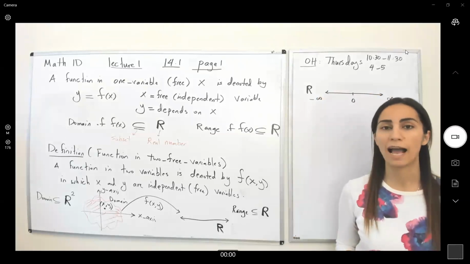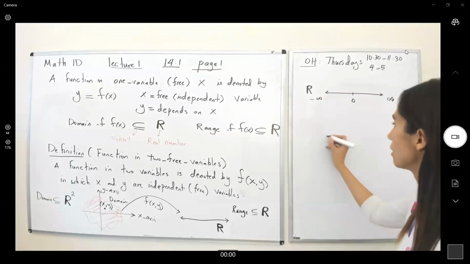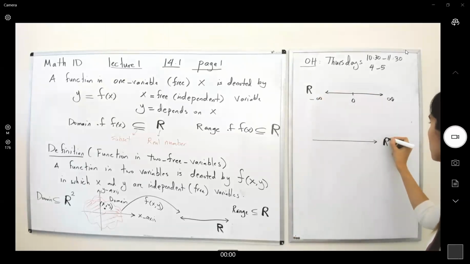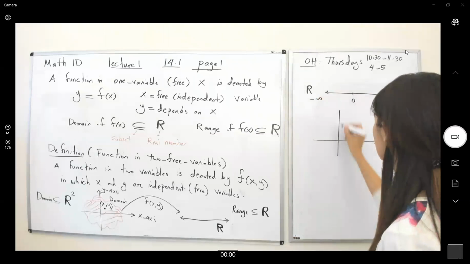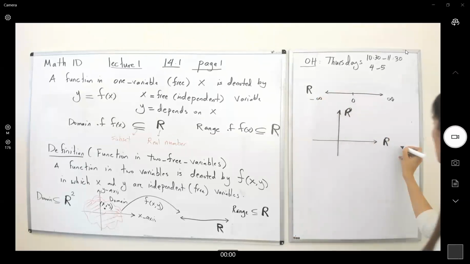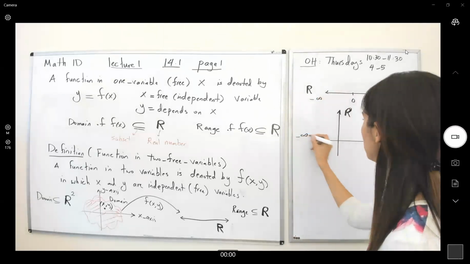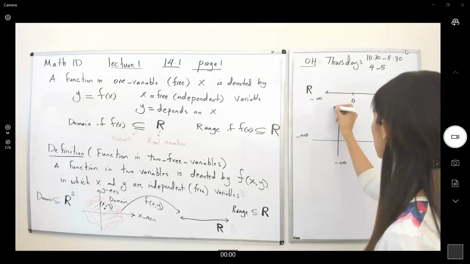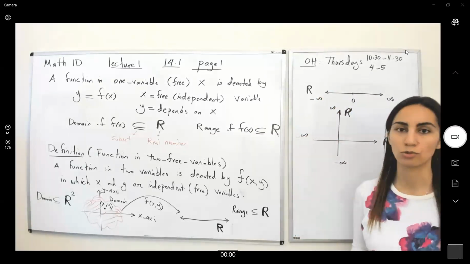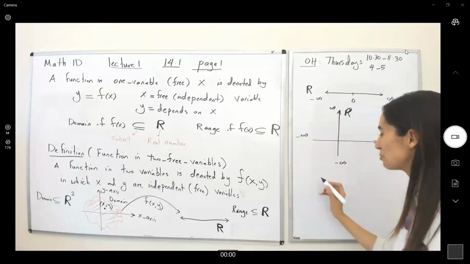We're interested in having a two-dimensional thing, like R and R. X-axis, y-axis. Infinity, negative infinity, and infinity. So somehow we have to define this new object, a two-dimensional object.